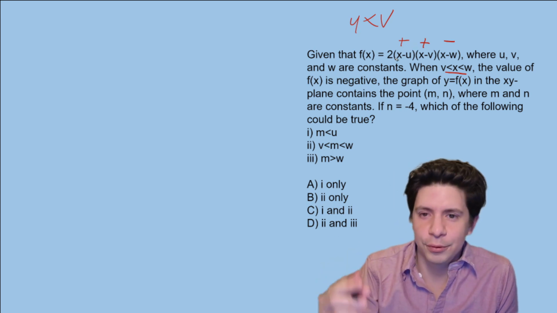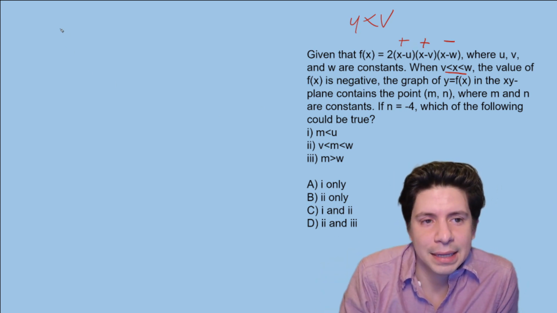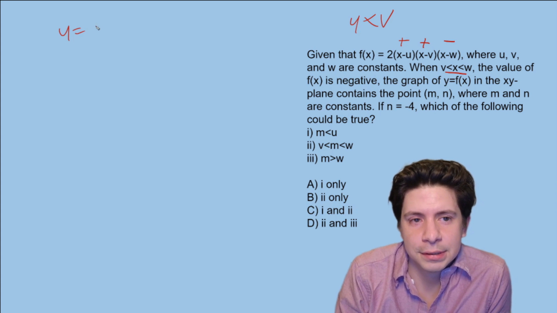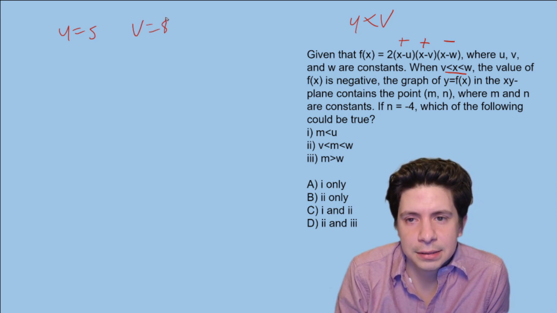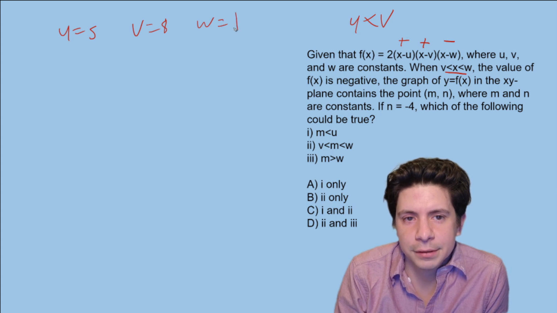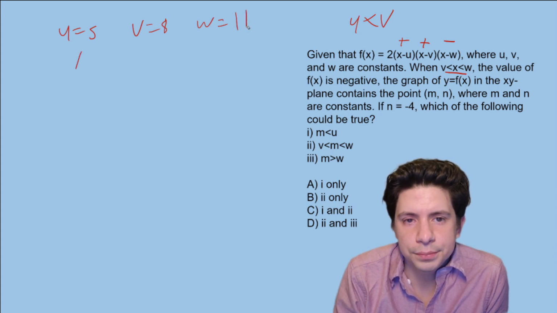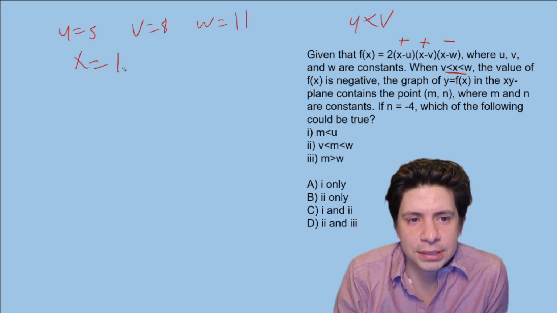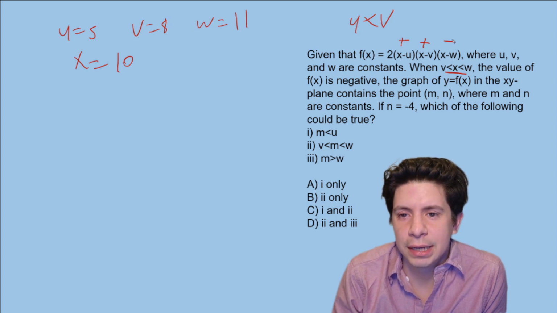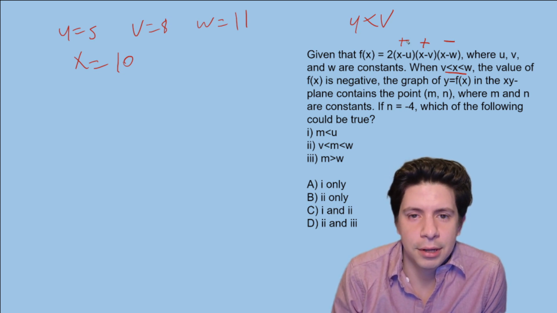I know that feels kind of weird, but if you think about it, let's say u equals 5, v equals 8, and w equals 11. When x equals 10, we would get negative here, positive, positive.